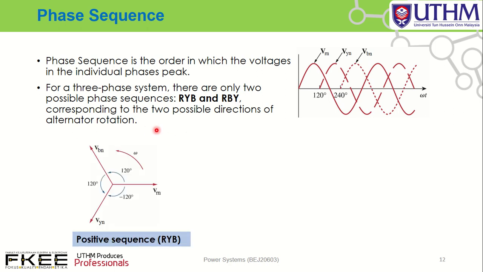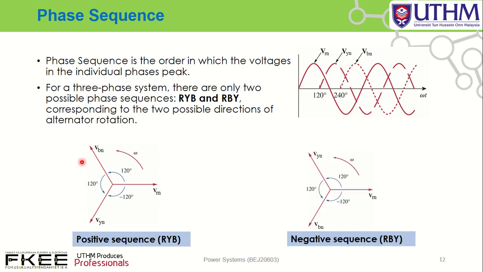This is an example of the phase sequence: VRN followed by VYN, then followed by VBN. This one comes first, then minus 120, followed by VYN, then followed by VBN. We call it a positive sequence because it is RYB.